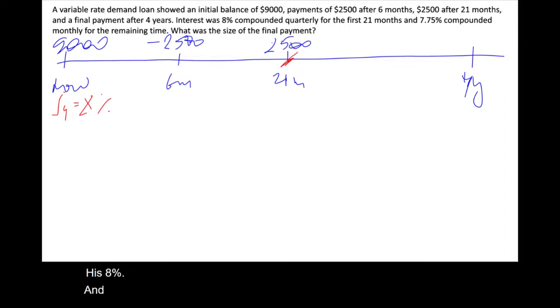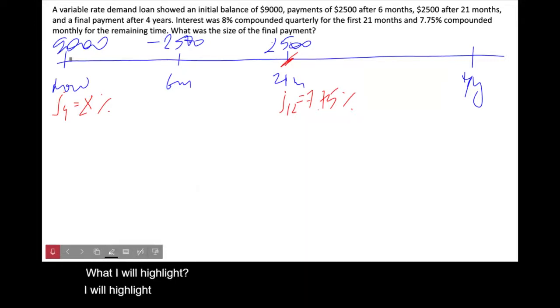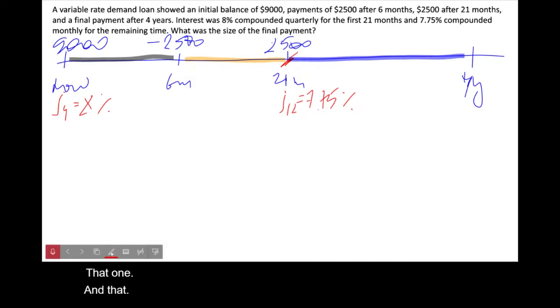And then at this point, I put J12, 7.75%. That's it. What I will highlight is my steps. This one, that one, and that one. So let's do it.